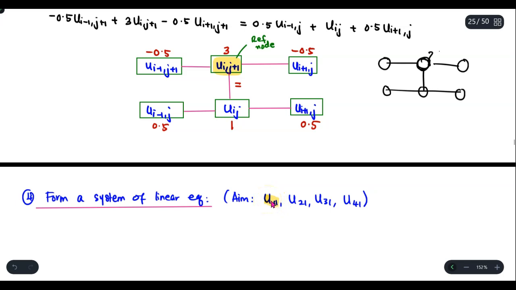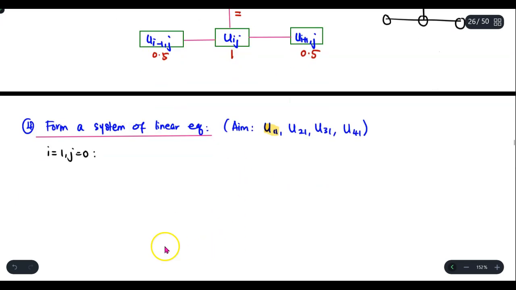All right, but what we are going to do here is to look at the first aim, u11. Okay, and we need to map this u11 to our reference node, which is u_{i,j+1}. By looking at those two, we know that the first value of i should be 1, j should be 0. Then we come up with u11. So with that i and j, the values of u are u01, u11, and u21.